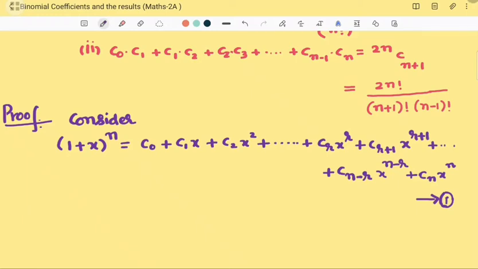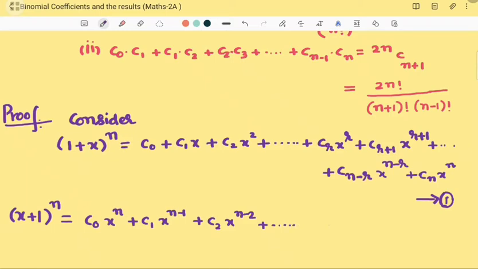The above expansion can be written as (x plus 1) whole power n is equal to, whenever 1 and x values are interchanged, here also the expansion values will interchange: C0 x power n plus C1 x power n minus 1 plus C2 x power n minus 2 plus and so on, Cn minus r x power r plus and so on Cn, suffix n, that means nCn. Equation number 2.